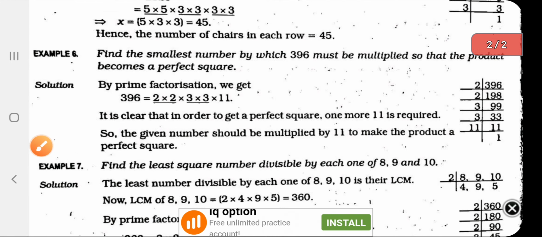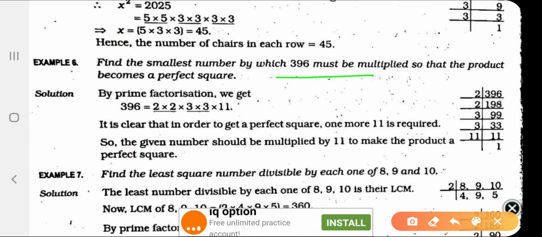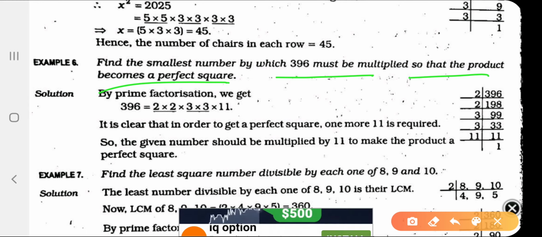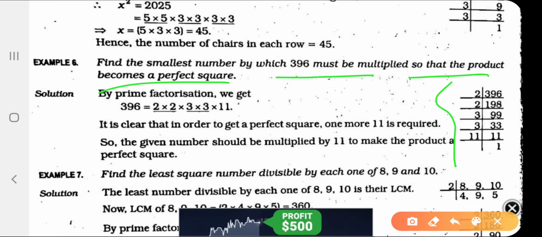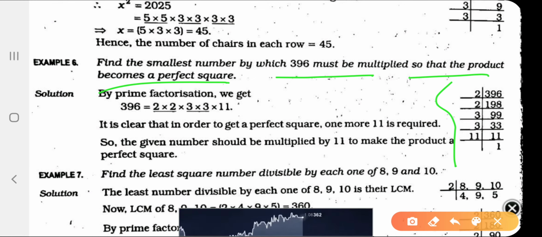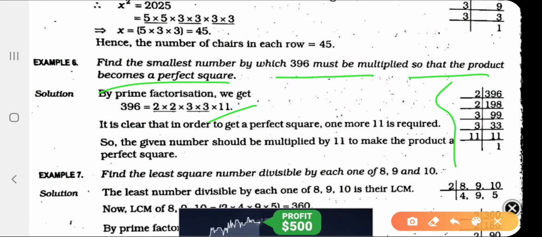Now find the smallest number by which 396 must be multiplied so that the product becomes a perfect square. We have found the prime factorization here, and we come to know that 11's pair is not available.